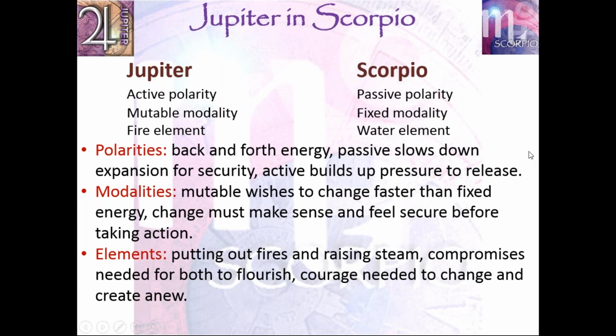So if you're a beginner to astrology in general, you can take all 12 archetypes and break them down to their polarities, modalities, and elements. And this will really help you understand how any single archetype will work, and how they blend together.